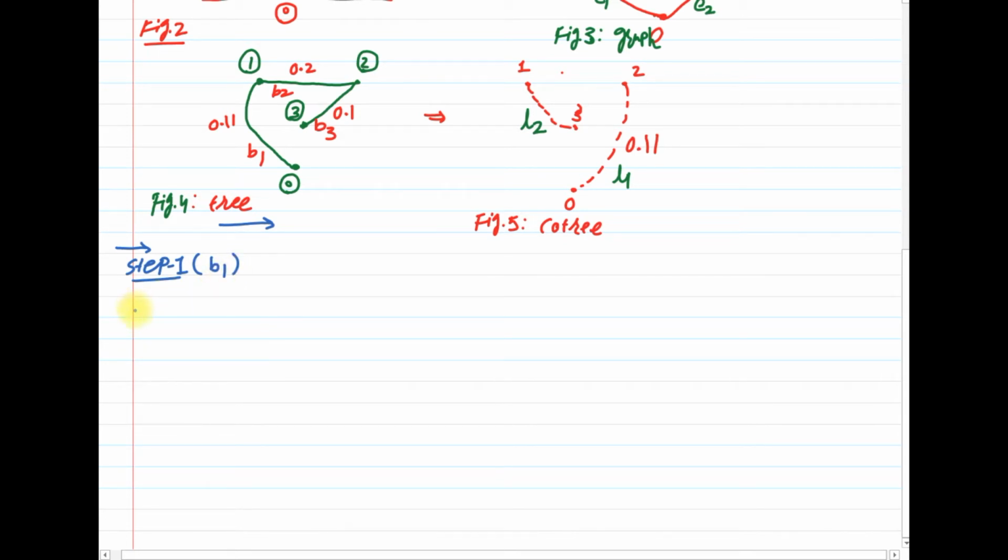So let us draw the element B1, which is connected between the reference node to the bus number 1. Okay, so we'll write over here 0 to 1 element B1 with the value of 0.11.